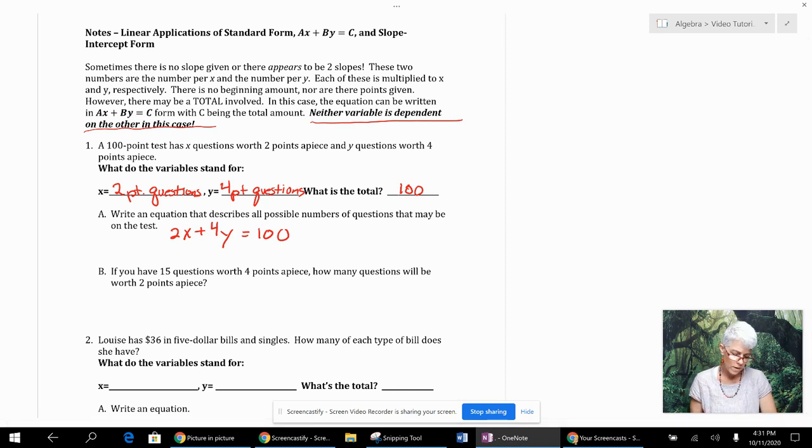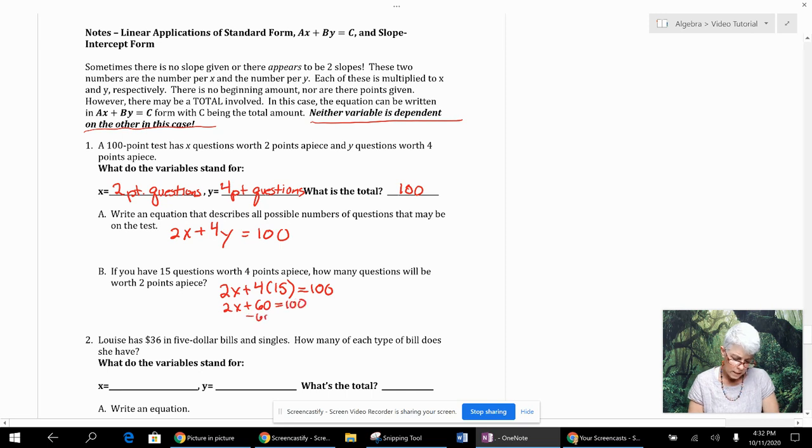It says if you have 15 questions worth 4 points each. So since y are the 4-point questions, we're going to substitute 15 for the y. That would be 2x plus 4 times 15 equals 100. Now we can solve for x. So we have 2x plus 60.